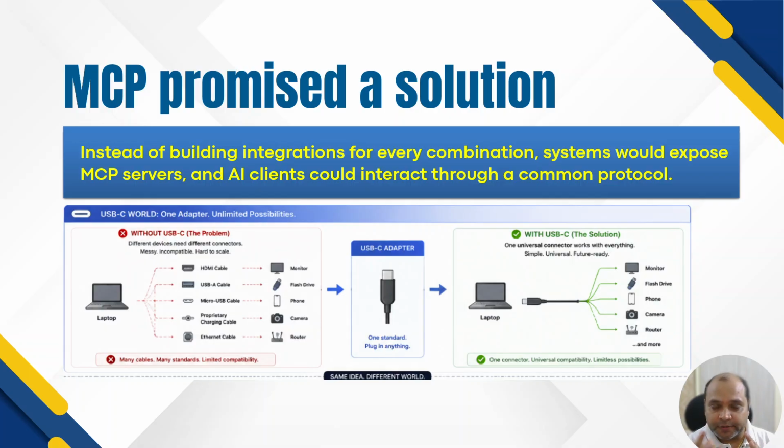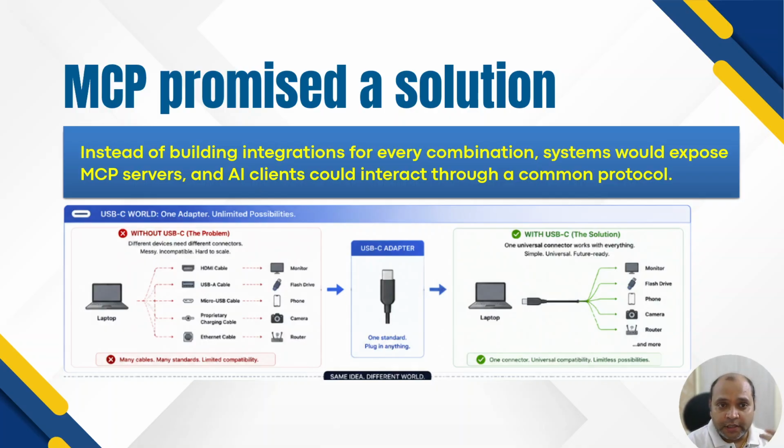When MCP came, it said: if you are building an MCP server, let's follow this protocol. Whichever MCP server is built by anyone, it should follow the JSON-RPC protocol, and then you connect that server to your MCP client. The whole concept of MCP turns around this idea of a USB-C adapter.